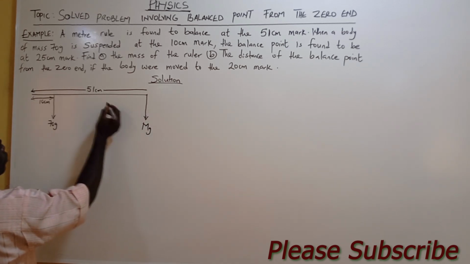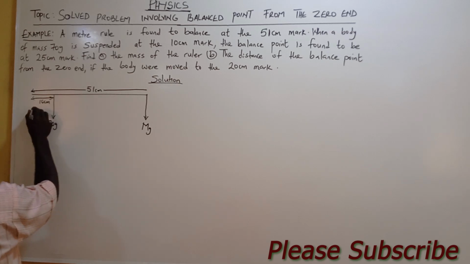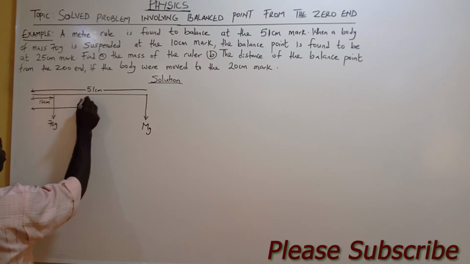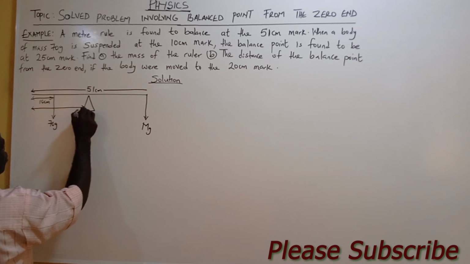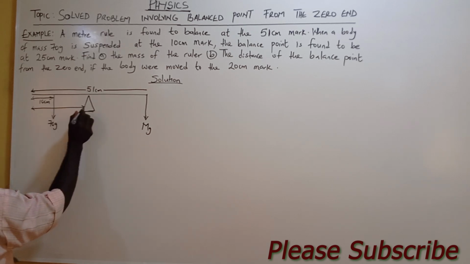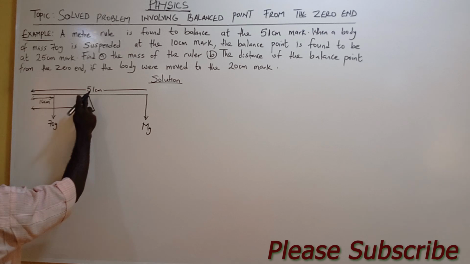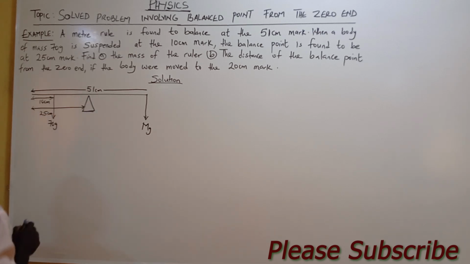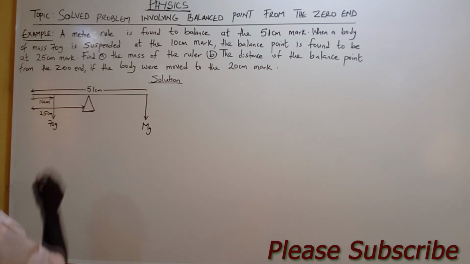It's now moved. The balance point of the meter rule now moved to this point, which is 25 centimeter mark. We are now asked to find the mass of the ruler.